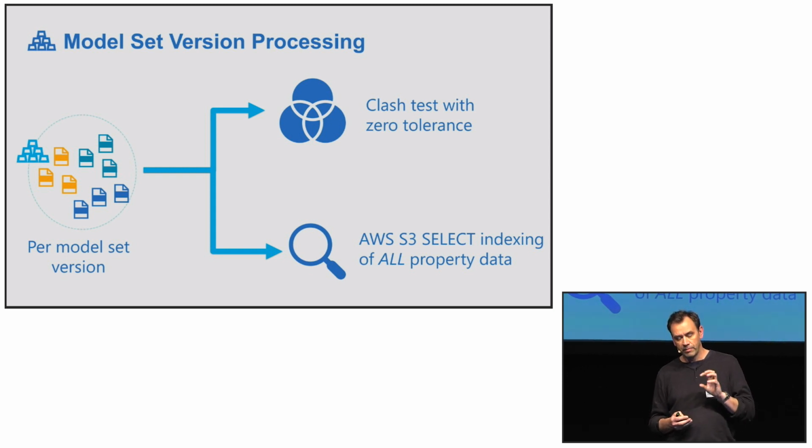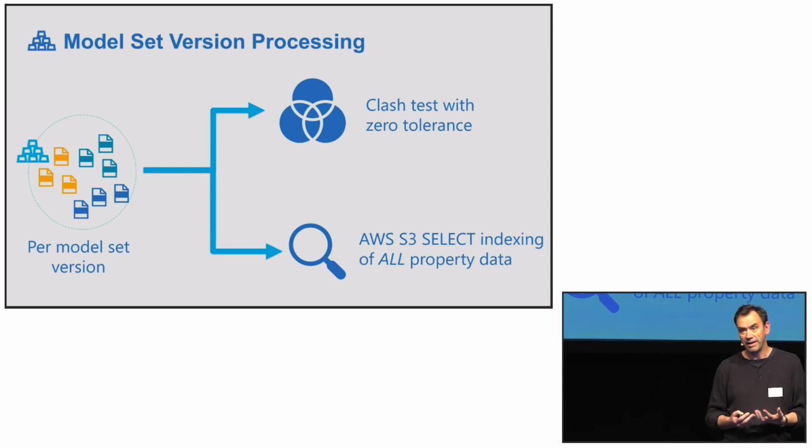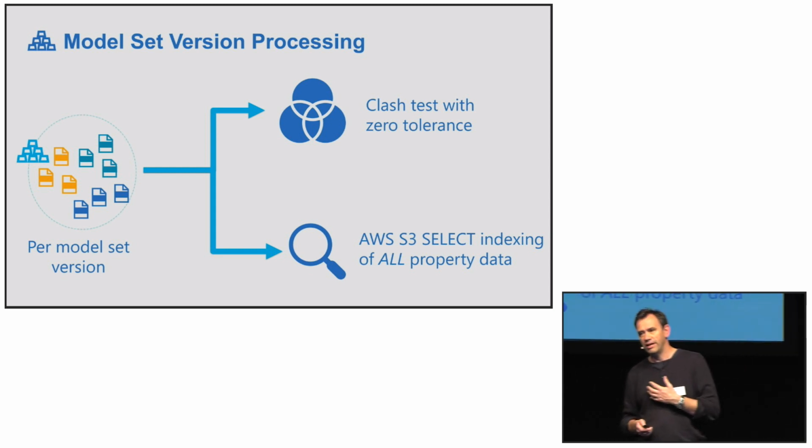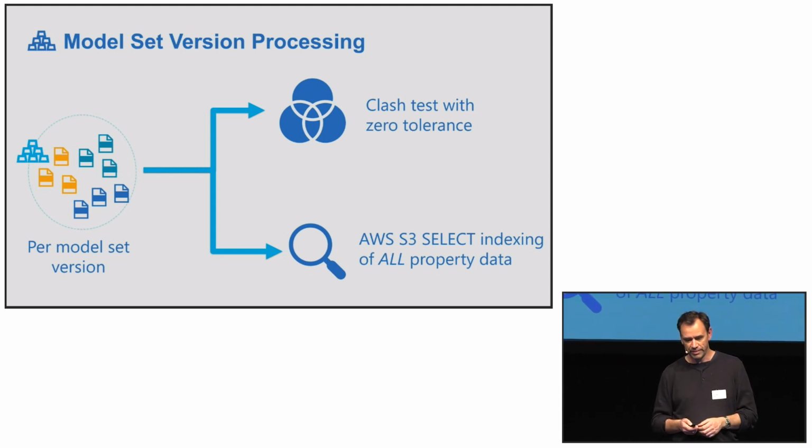And so one of the things that we do in addition to the clash testing is we index all that property data, we put it into S3 Select, and the reason for that method is really to cope with the huge amount of data that might be generated for a given project. And we allow you to query against that data. I'll show you a bit about that later.